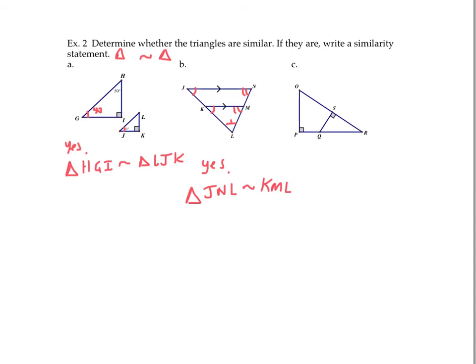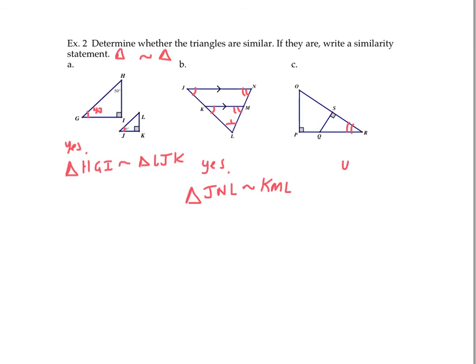Okay, in our third triangle set here in part C, we do see the right angles, so that's one pair of angles that are congruent, so we're halfway there. And then if you take a look at this little triangle SQR, it shares this angle R with a big triangle, so that's our second pair of angles that are congruent.